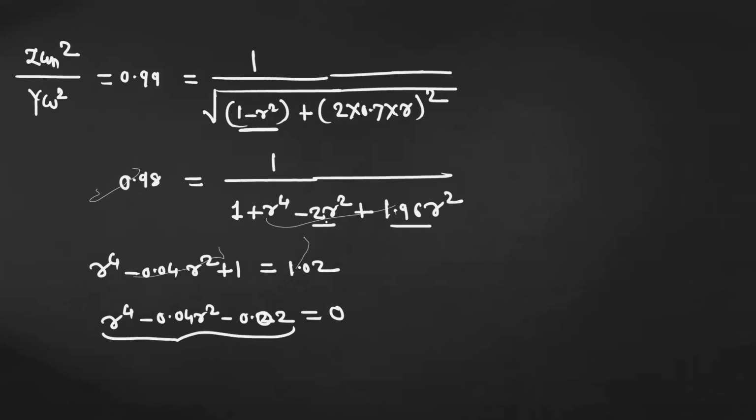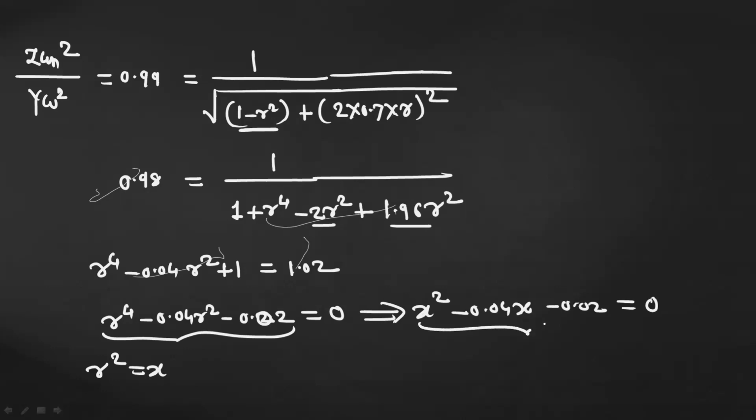Now this is similar to a quadratic equation. We just have to assume r square as x. Therefore this equation will be x square minus 0.04 x minus 0.02 equal to 0. Now solve this quadratic equation and find the value of x. We will get two values of x.